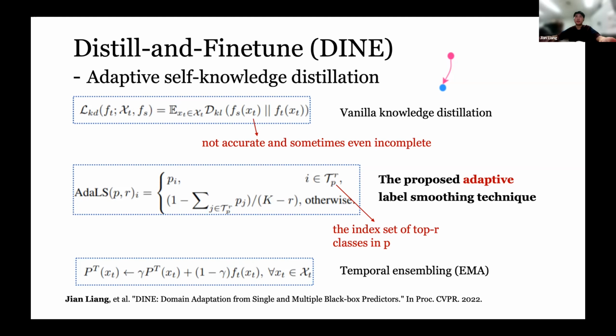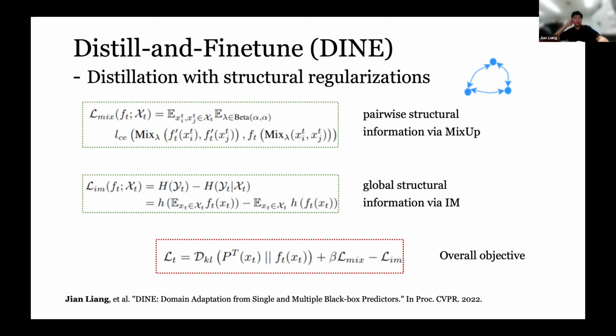Okay, next. Besides the distillation loss in the slide above, we also introduce some structural regularization here. For knowledge distillation, each data point is independent of the others.